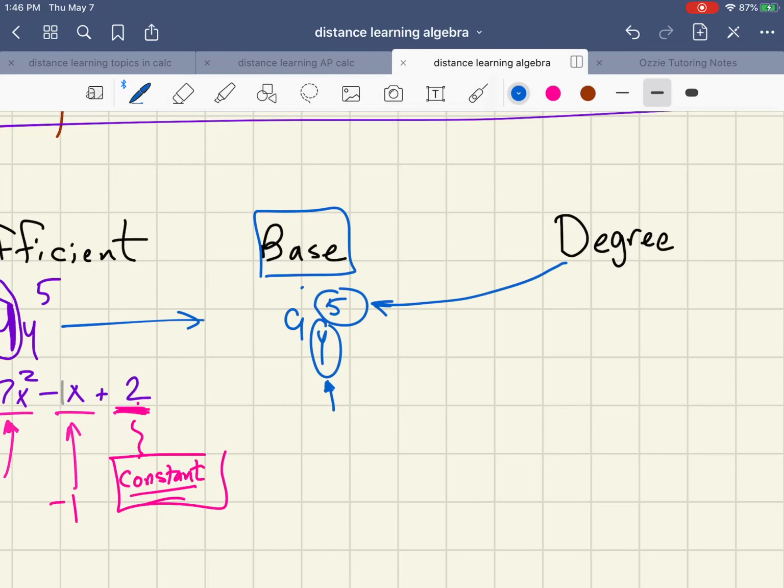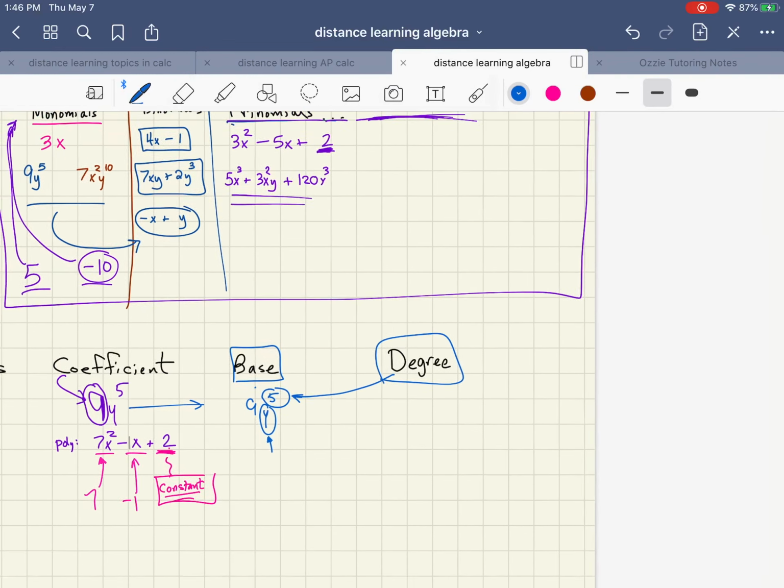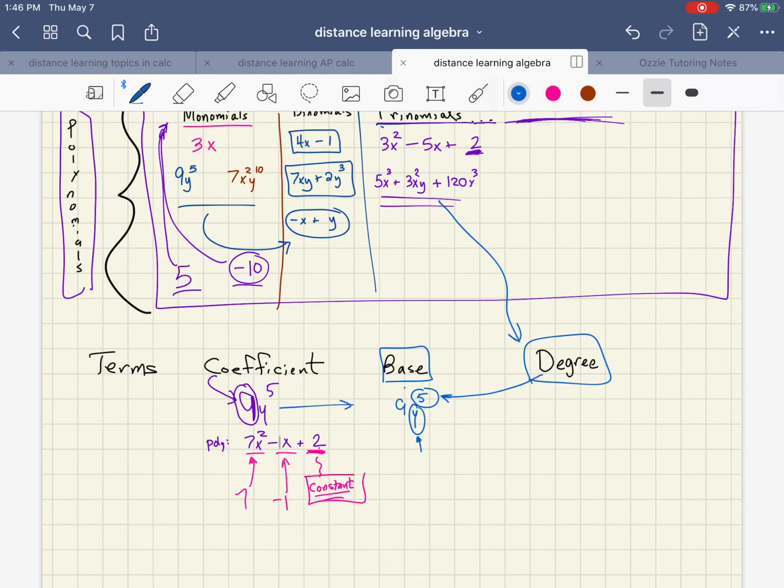What is the power that is being raised to? Now that gets a little bit more complicated when we start looking at something like this monomial. So 5x cubed plus 3x squared y, which is y to the 1, plus 120 y to the third.